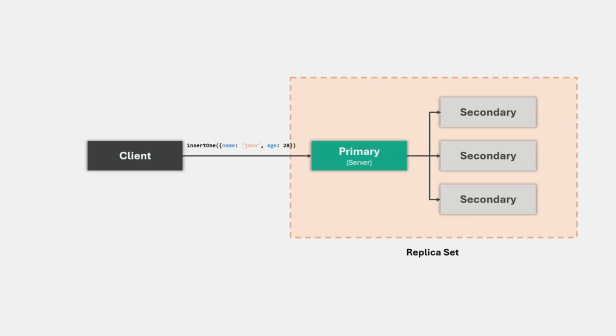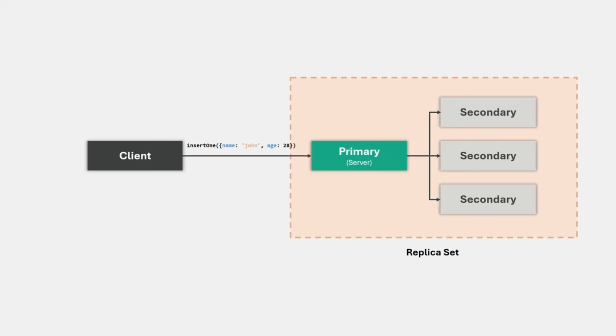Okay, so whenever we insert new data or update any existing document, first it will happen in the primary server. And from there, the data will be updated in the secondary servers asynchronously. And when I say asynchronously, that means the data will not get updated immediately in the secondary servers. There will be some delay because the update in the secondary server will happen only after the primary server has been updated.